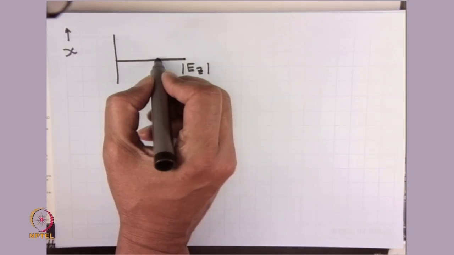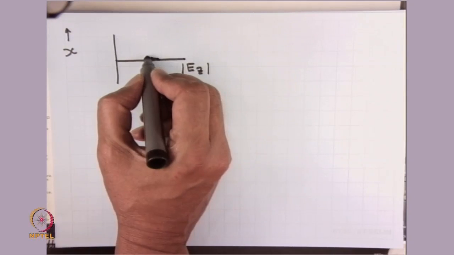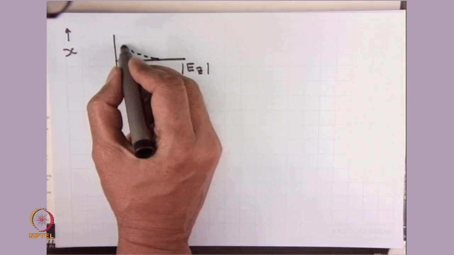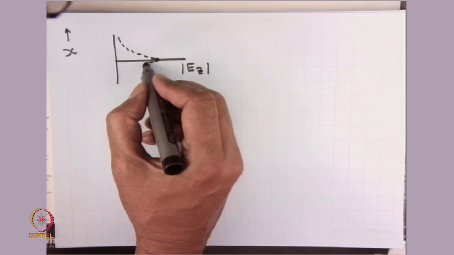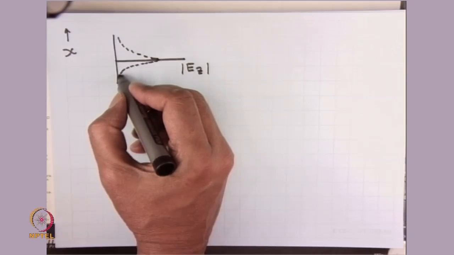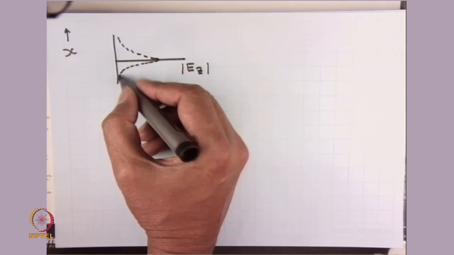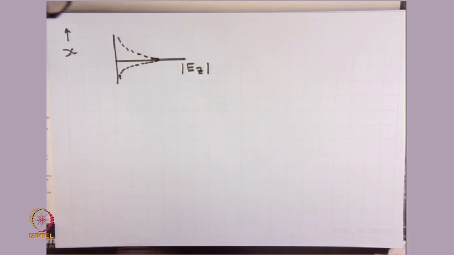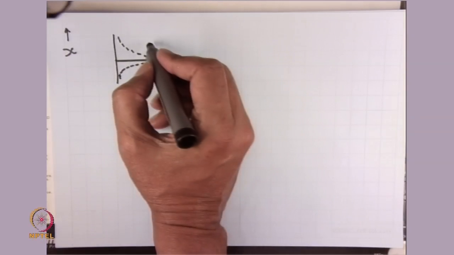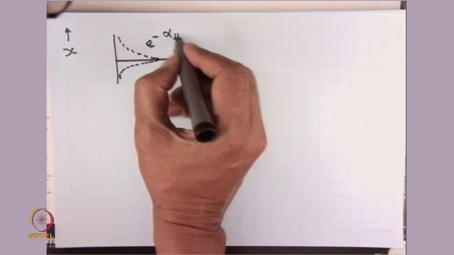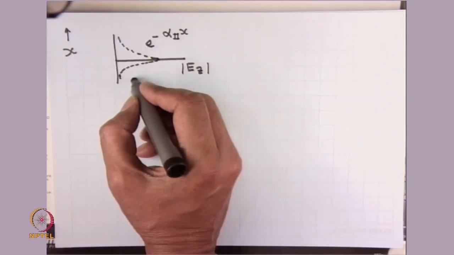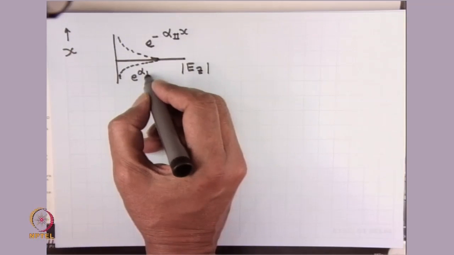So the Ez is continuous, so this will fall off exponentially like this, and in the conductor, this will fall off like this. The exponential fall off here is exponential minus alpha 2 x, and here is like alpha 1 x.